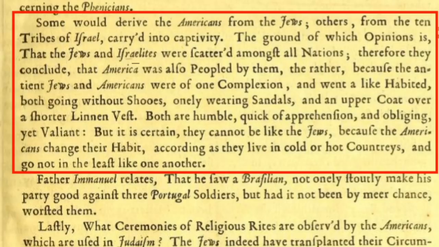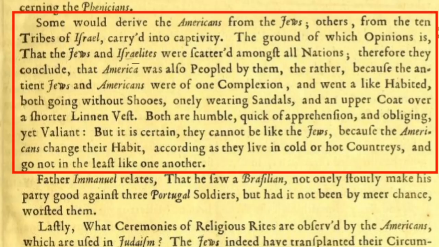Therefore, they conclude that America was also peopled by them, the rather because the ancient Jews and Americans were of one complexion." In other words, they were both dark-skinned, "and went alike in habit," or in other words, they dressed the same, "both going without shoes, only wearing sandals, and an upper coat over a short linen vest.